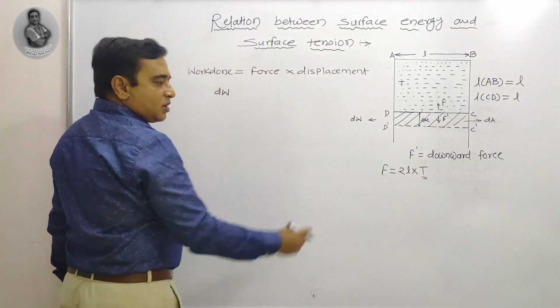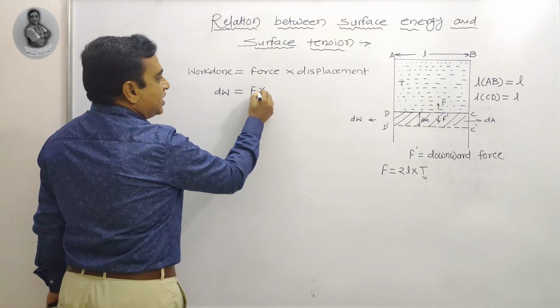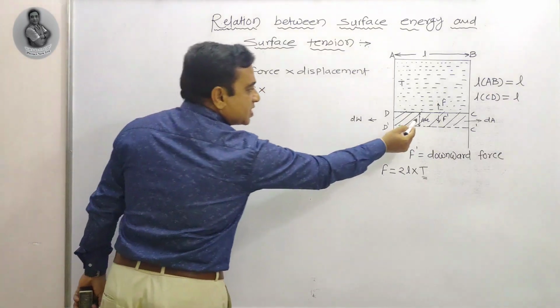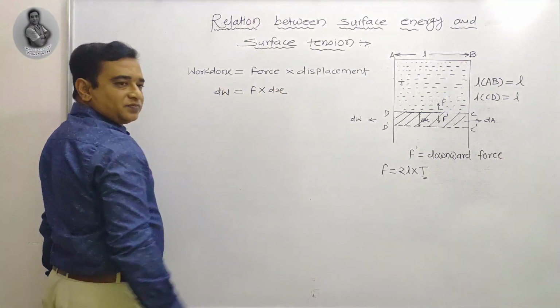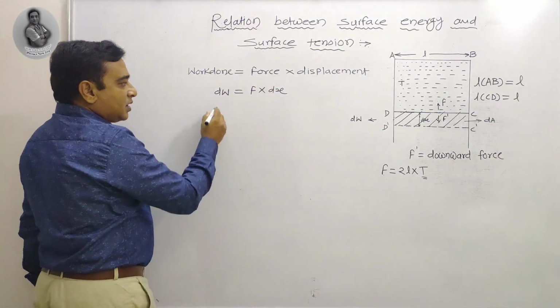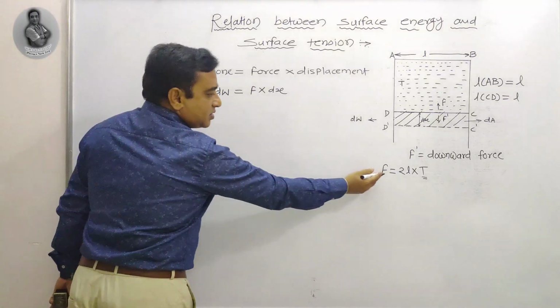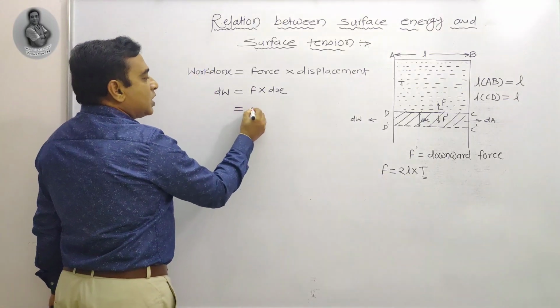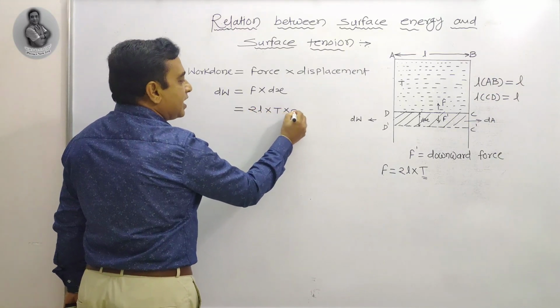So this is equal to force into the small displacement that takes place, that is dx. So dW is equal to F into dx. Substituting this value, 2L into T into dx.